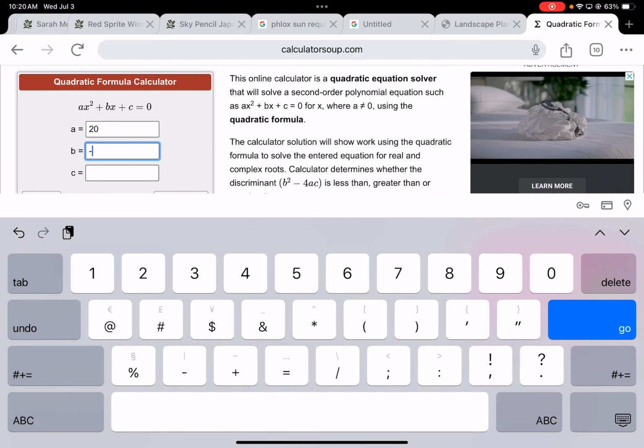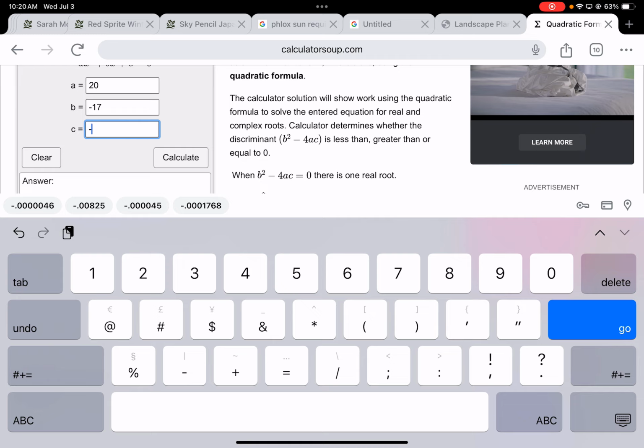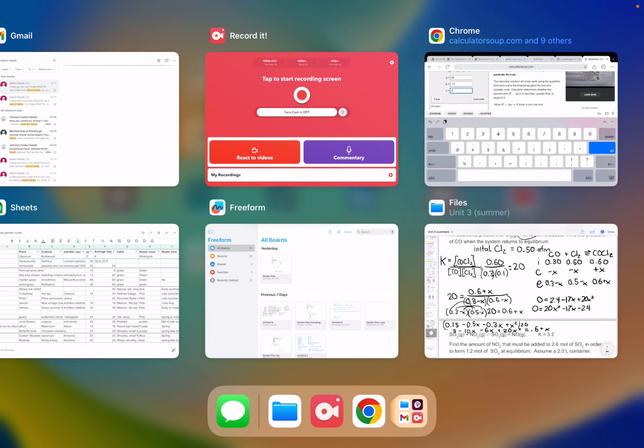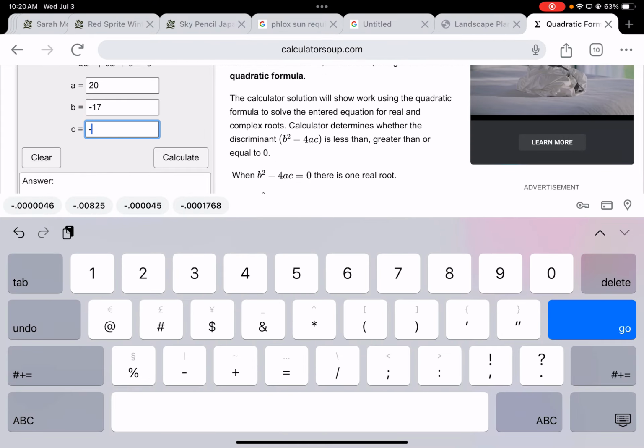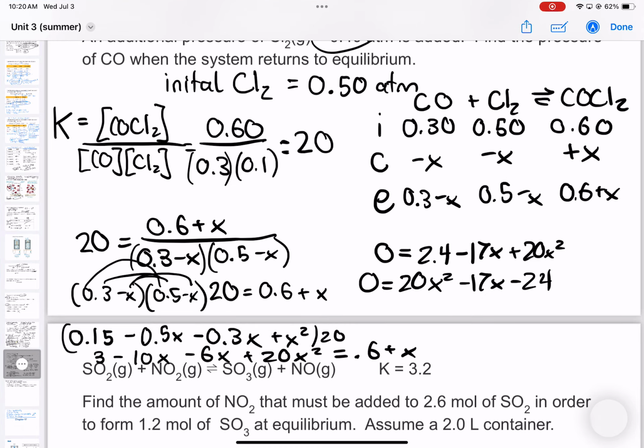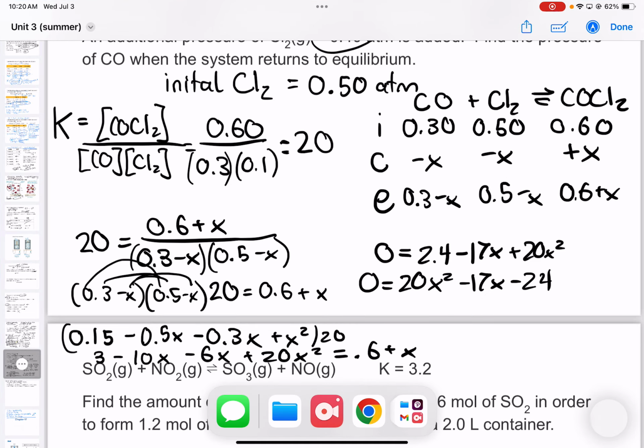17. Negative 0.6. No, that's not right. What was it? 2.4.